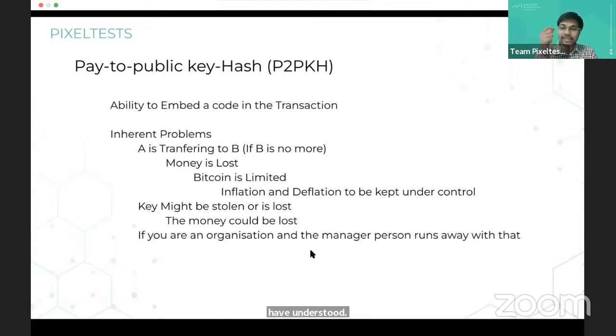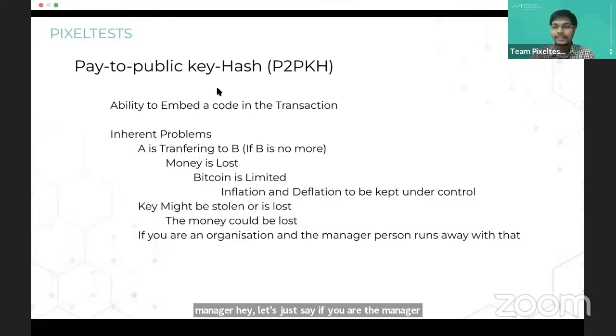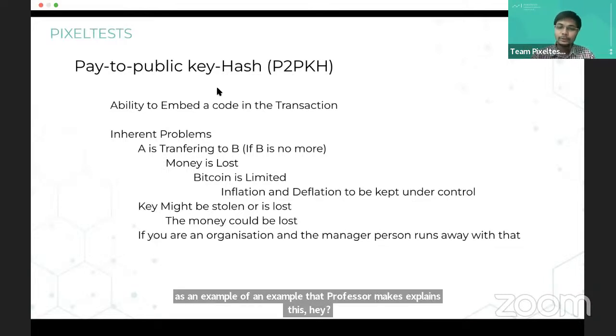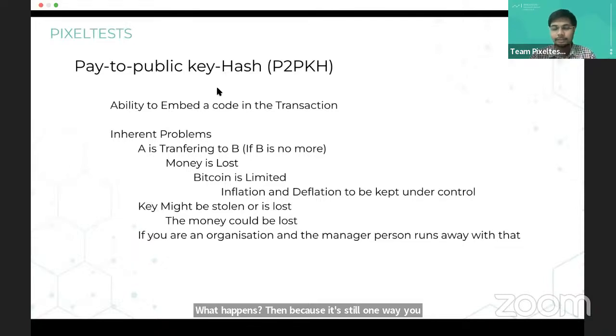And for example, let's say you are the manager yourself, and some bad intent comes in and you run away with it. That is a fun example the professor explains. What happens then? You were managing the organization's account funds via the Bitcoin address or wallet, and you can't be reached.